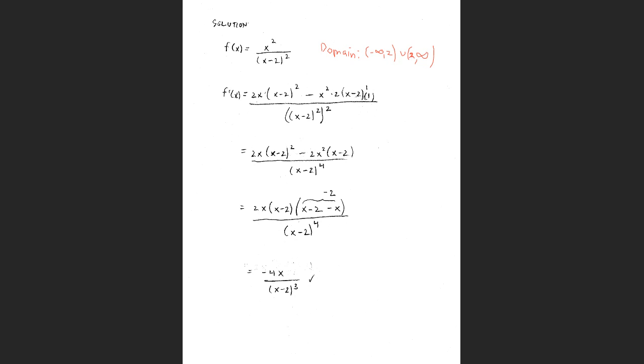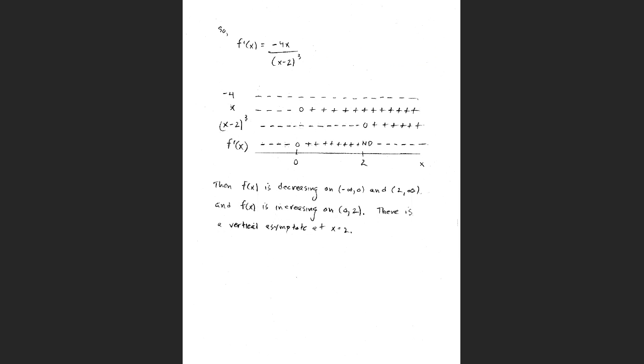Clearly x equals 2 is a vertical asymptote, and that makes sense relative to the chart, because the first derivative here is not defined at x equals 2.